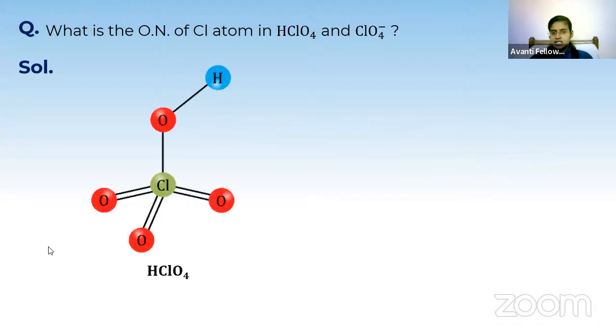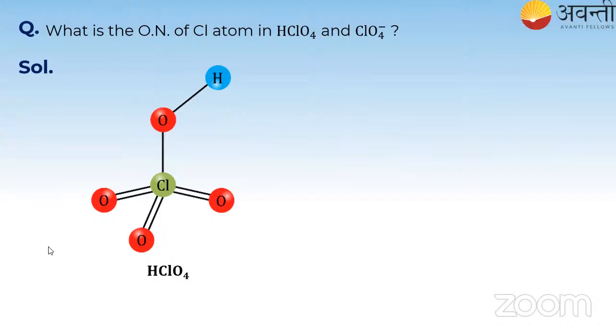You can find out the oxidation state by seeing the structure, or you can calculate by keeping chlorine as X. Let me see who is going to find out the answer first. Did you guys get the answer?